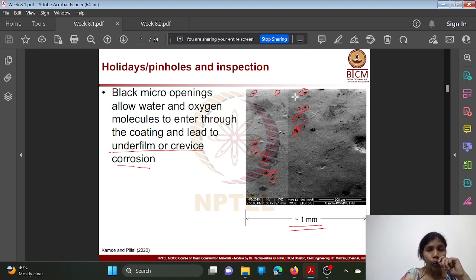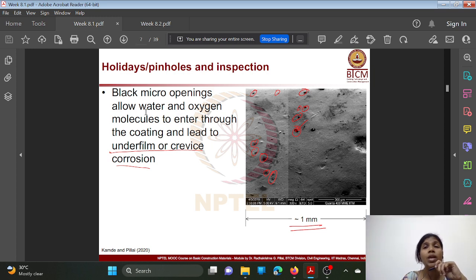Okay, what will happen if we have some sort of openings? See, the prime reason we are applying this coating is we want to avoid the ingression of water or oxygen on the steel rebar. So if we have these openings, the ingression of water and oxygen molecules will happen over the surface. If they reach the steel rebar, it will corrode the surface of the steel rebar.